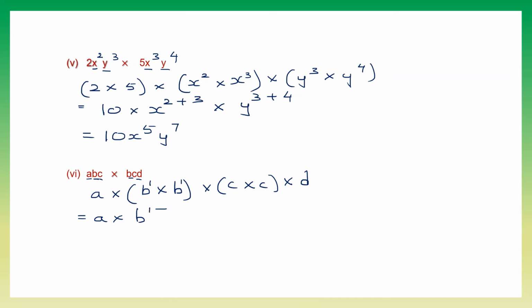So that's 1 plus 1 into C. This 1 here and 1 there. 1 plus 1 and D. We have D also now. So the final answer here will be A, B to the power of 1 plus 1, that's 2, C to the power of 1 plus 1, that's 2, and D. So what's the answer? A, B square, C square, D.